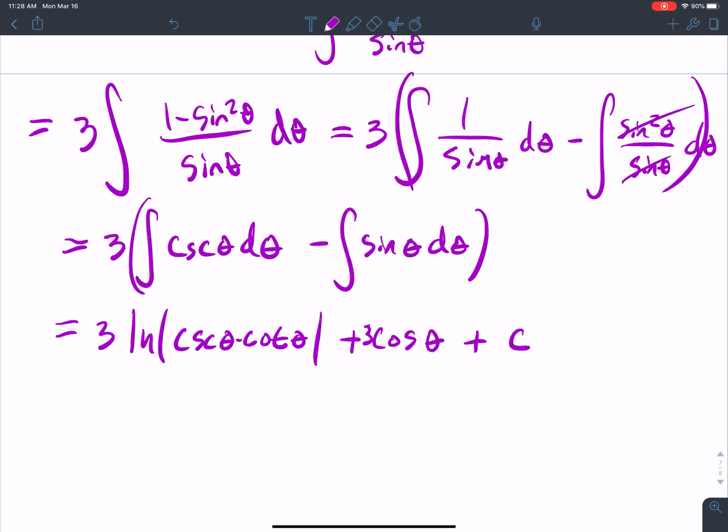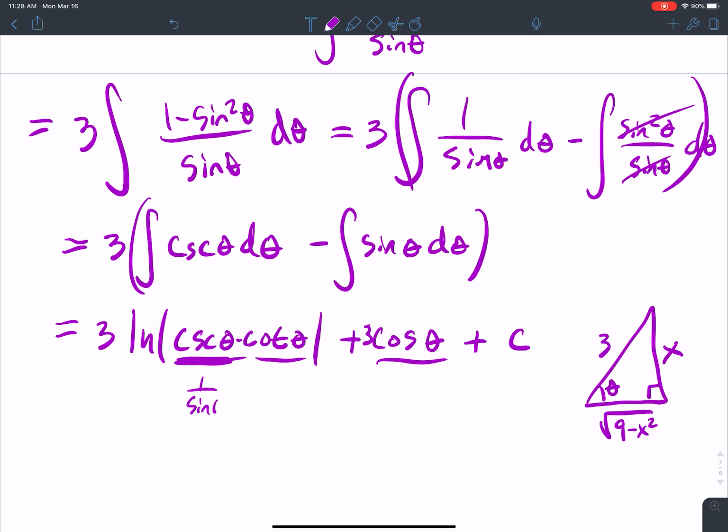Now what am I going to do? Because I've got thetas and I had my original problem in terms of x. So I have to go back to my trig triangle. Go back to your trig triangle: square root 9 minus x squared, x, and 3, with theta. Cosecant is 1 over sine.